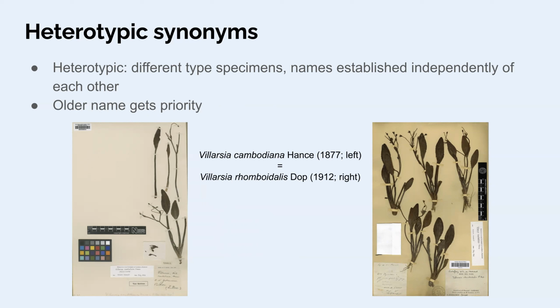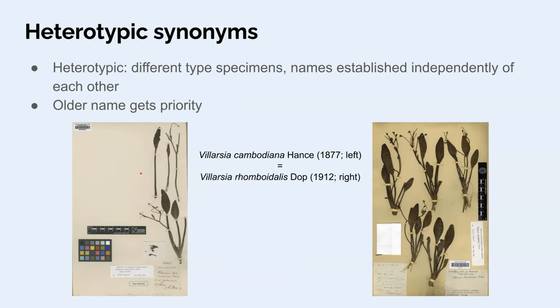So heterotypic synonyms are two names that have different types. So shown right here, this is a plant on the left, Vallarsia cambodiana, we talked about earlier, and on the right is Vallarsia rhomboidalis. And this is the type specimen of Vallarsia rhomboidalis. This is the type specimen of Vallarsia cambodiana.